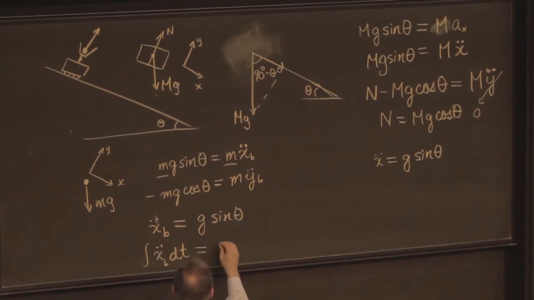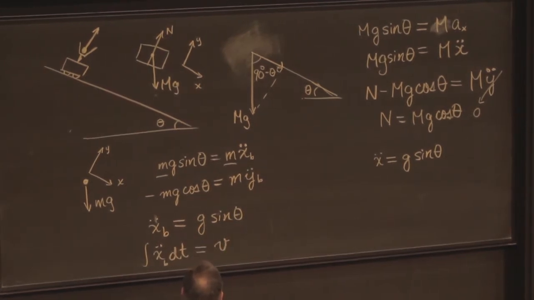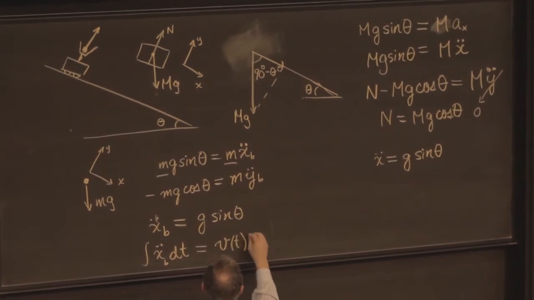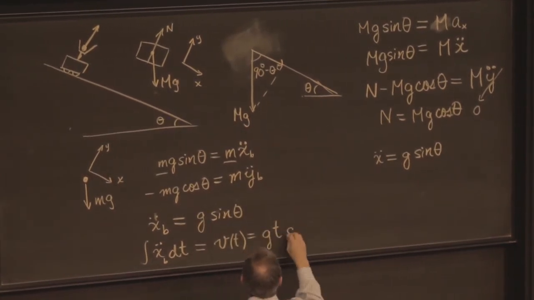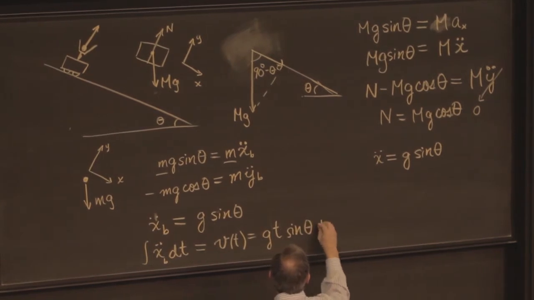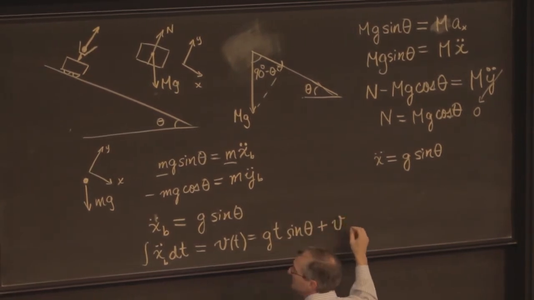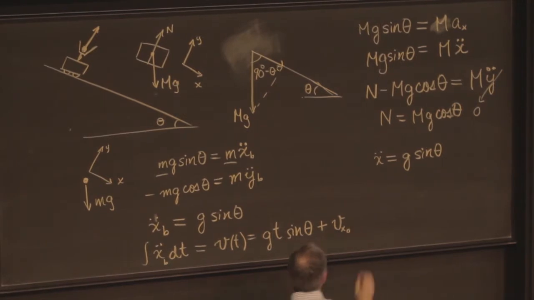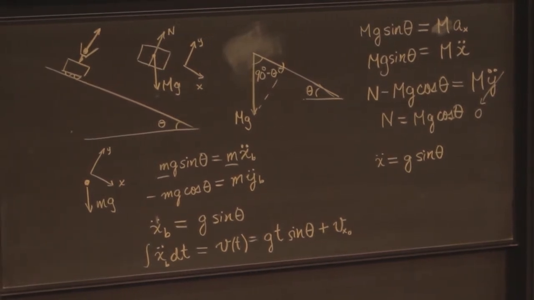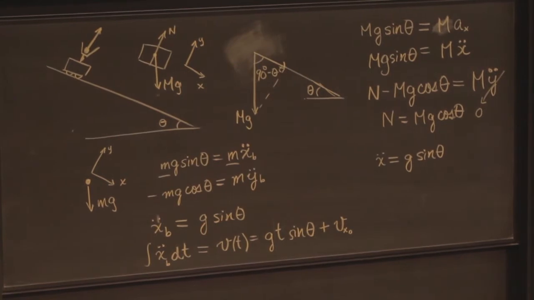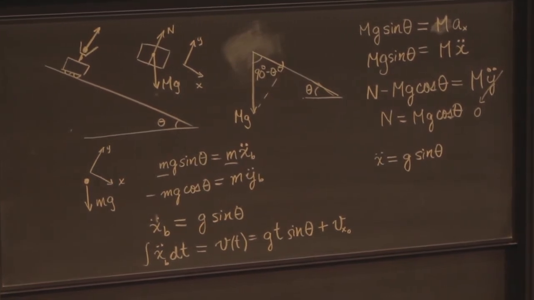So that gives me the velocity as a function of time, which is g t sine theta plus whatever velocity in the x direction it had initially. I'm counting time 0 when the ball leaves the cup. So whatever velocity the cart or the ball had in the x direction right at the time that the ball left the cup.